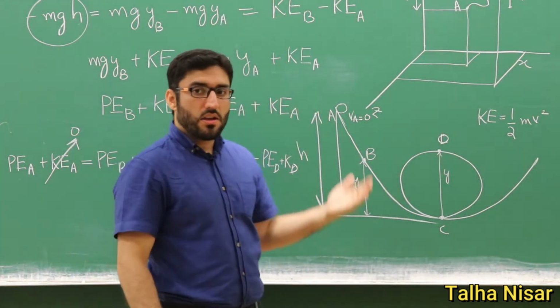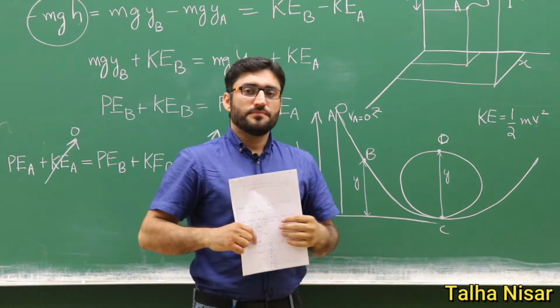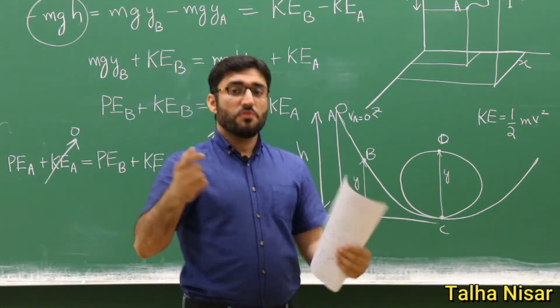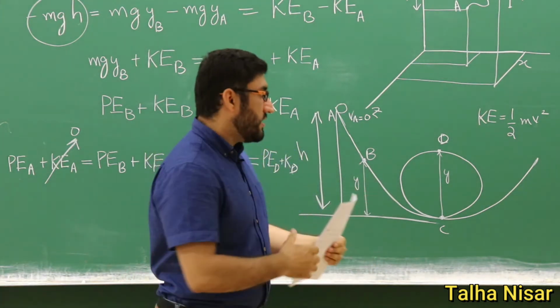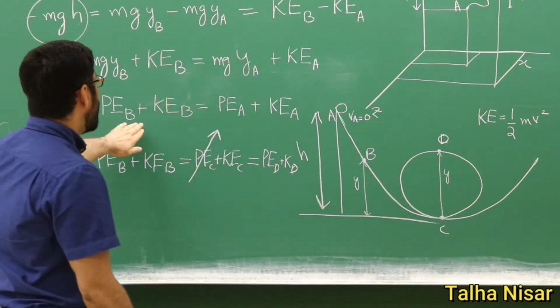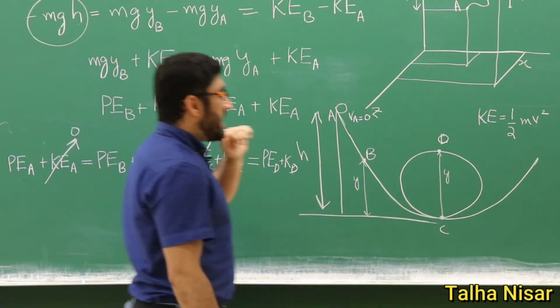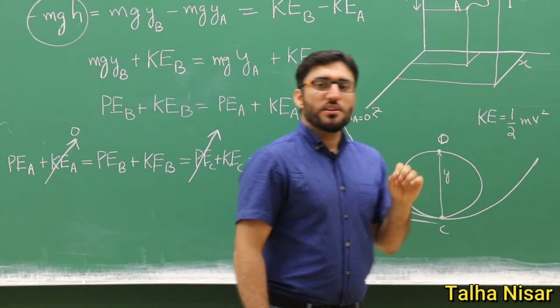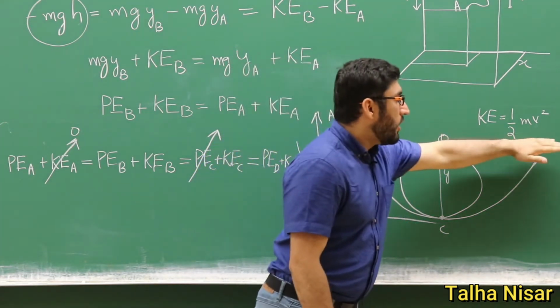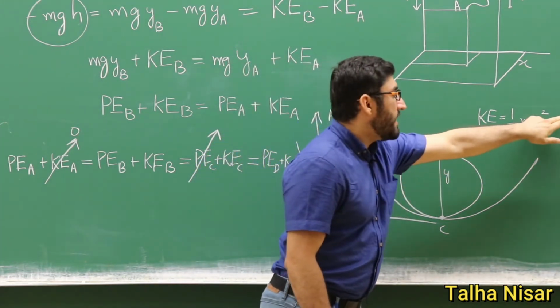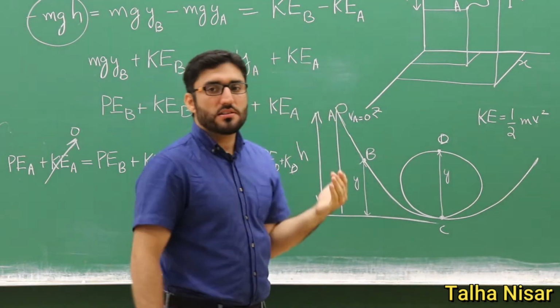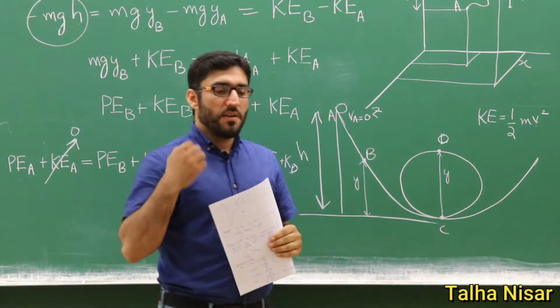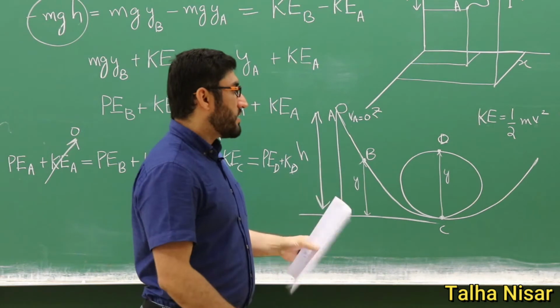If it goes higher, that means we have generated or created energy, which is not possible, which is against the conservation of energy. And in the ideal case, if there is no friction, it will not be lower than this point either. It will always be exactly at the same point, because the energy is always conserved.